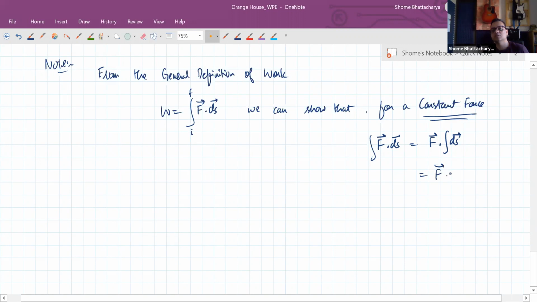So that becomes F dot s. So this is a special case of this formula, provided force is constant.